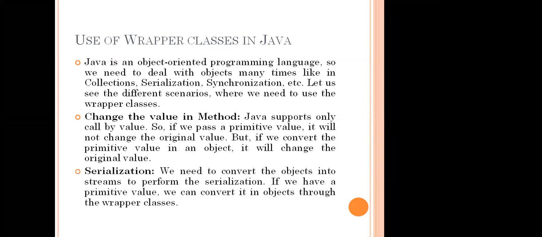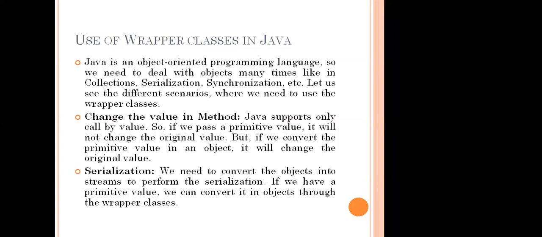So the concept of serialization is again about performing some streams. What are streams? In C++, we have stream classes, no? That is input stream and output stream we are going to talk about. It is a simple concept here. We need to convert the object into a stream.